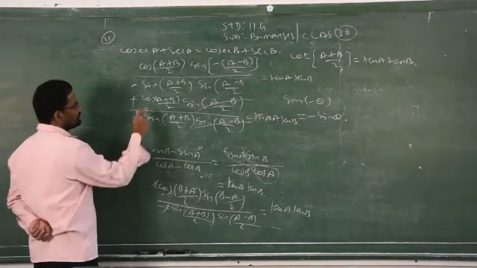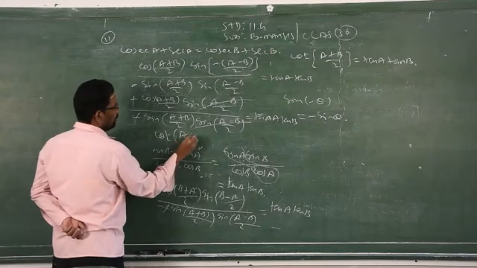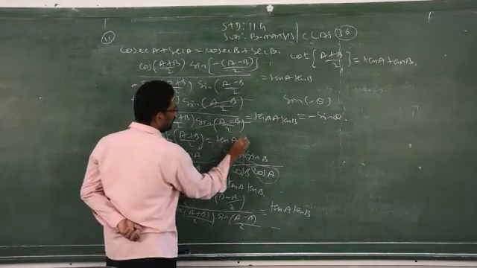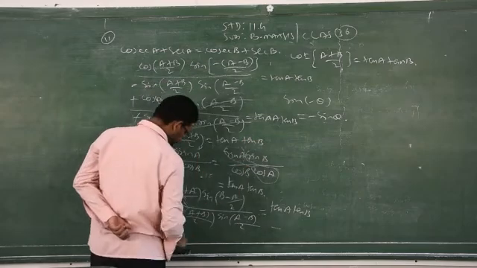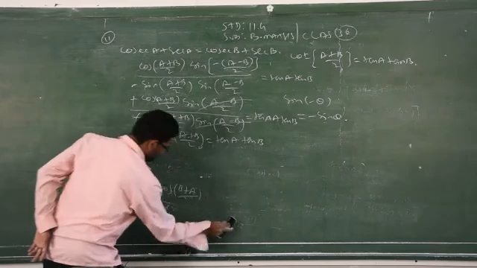Minus minus will get cancelled. Cos by sin is cot. So cot of A plus B by 2 is equal to tan A tan B. Hence proved. Clear? So we proved what is required.